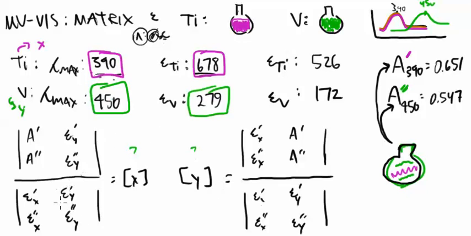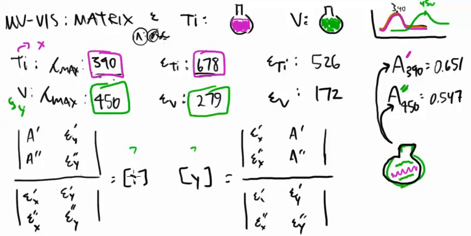All right? Okay, so if I start to look at these matrices now, we're going to start replacing some of these variables and begin to clean up this math problem. The very first one is the bracket X. This is the concentration of my X component. Well, I don't know the concentration, but I now know what my X is supposed to represent. I've just defined it up here at the top. That X is supposed to represent titanium.